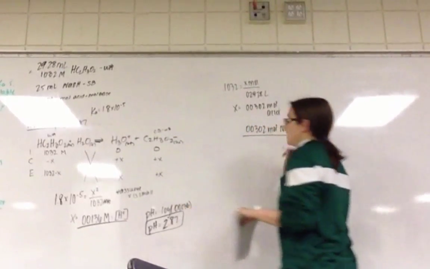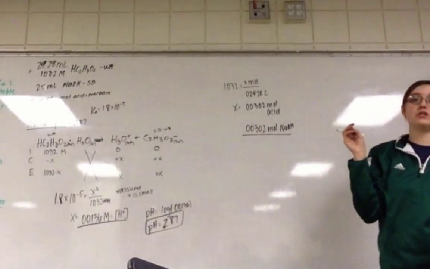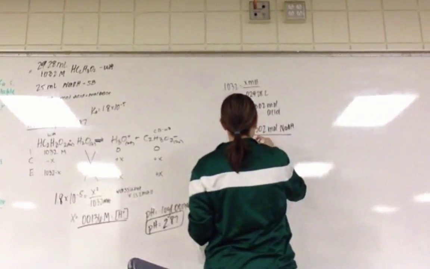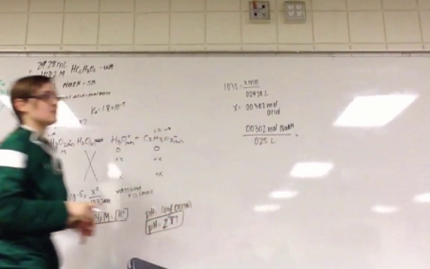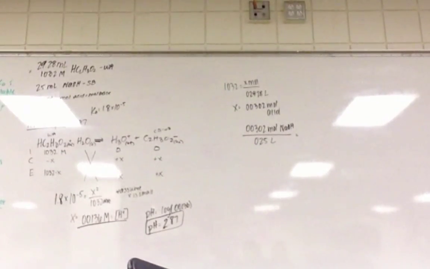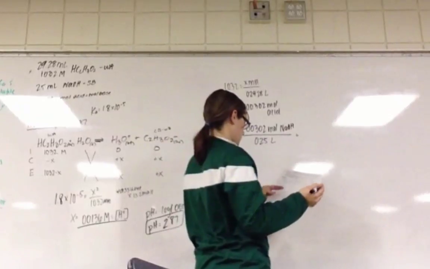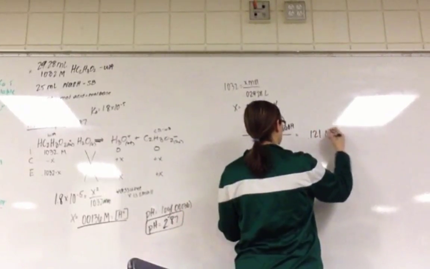Liters. How many liters of NaOH do we use? Which is how many liters? So find that concentration. So what is the concentration of NaOH? 0.1208. 0.121 molar.